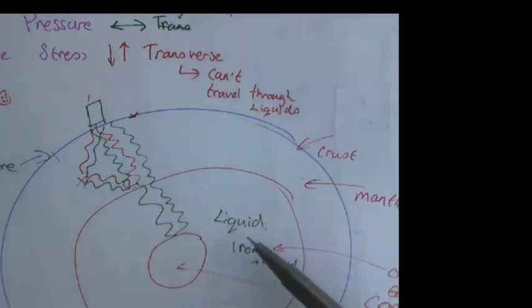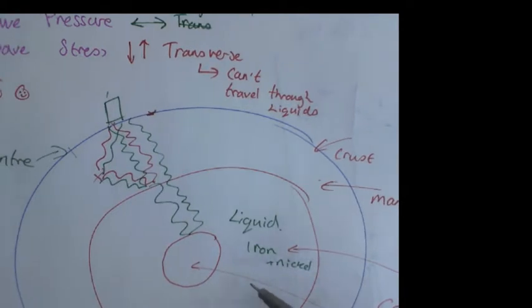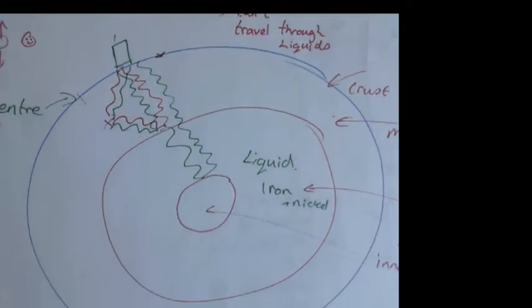And it's reflected, which tells you that there's another change in density here, which means there must be an inner core.